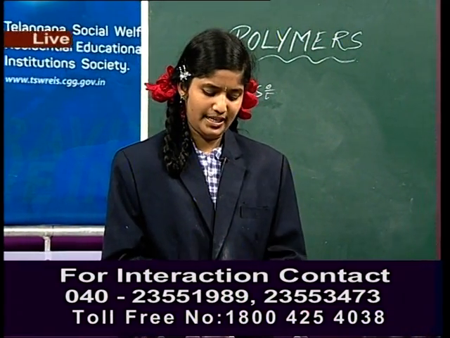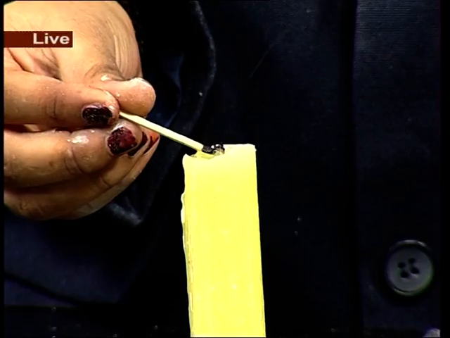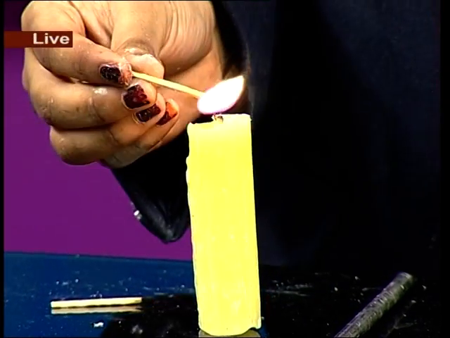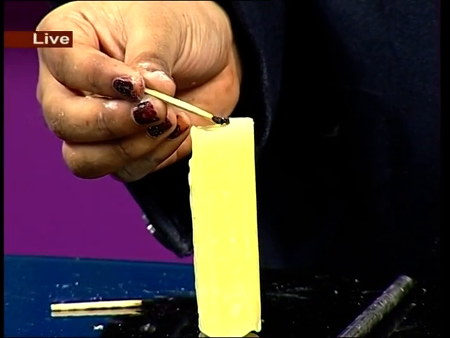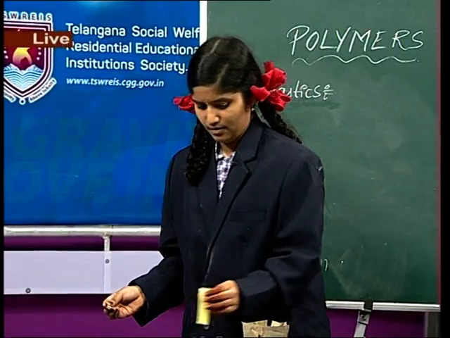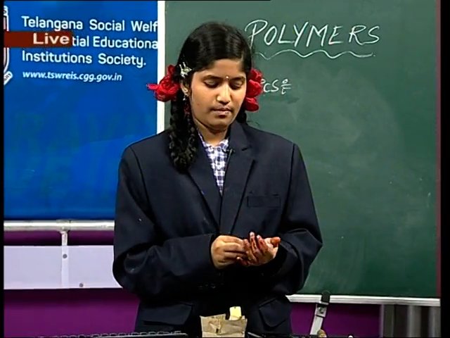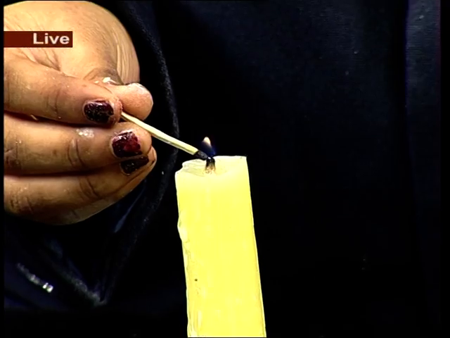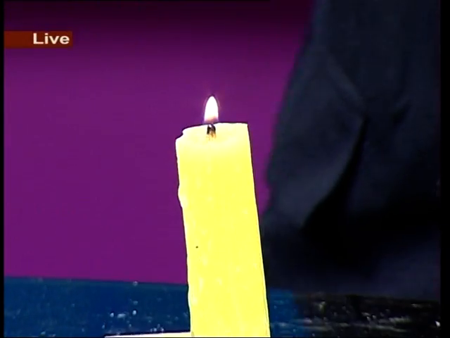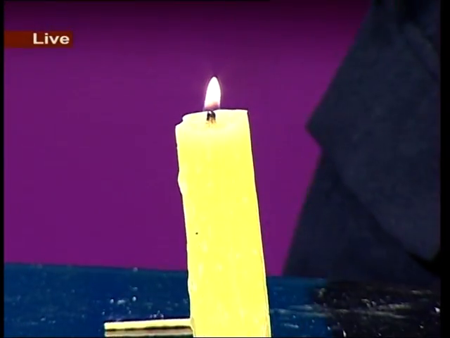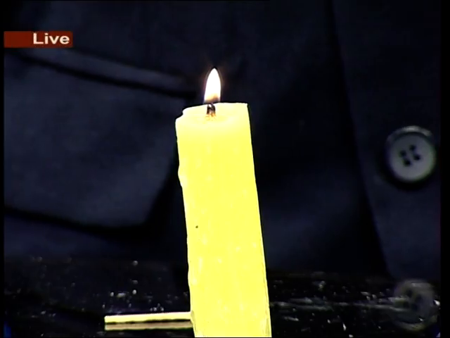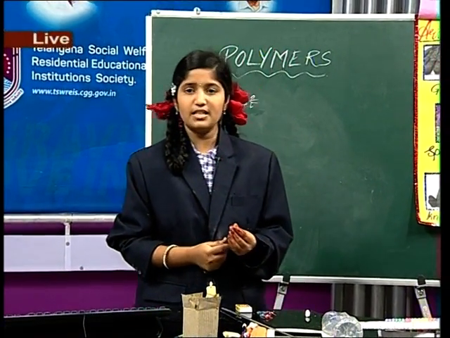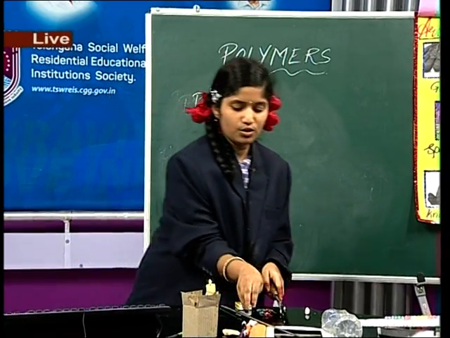See here, I am burning this candle. Now we take the tongs again and some objects. Now I am taking one object, a toothbrush.